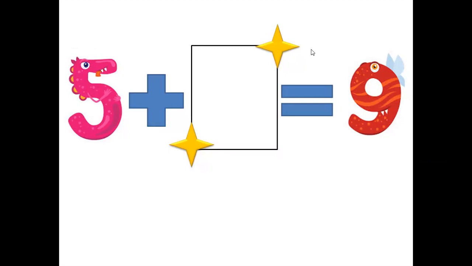First step, I make magic. Here, I will make magic to this sign. All our magic is for the signs. How will I change the plus into minus? Good job.